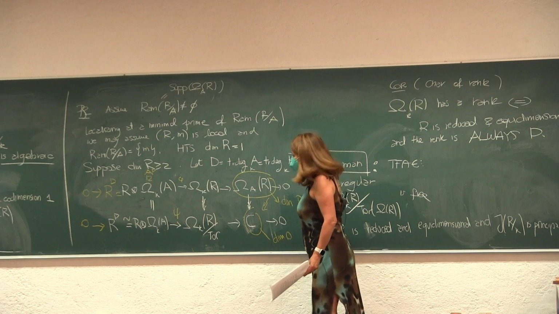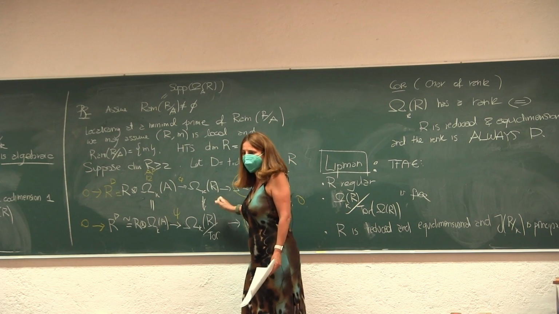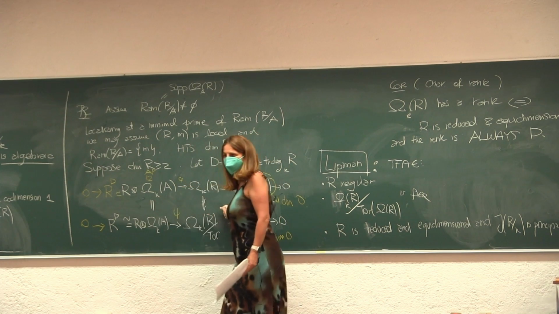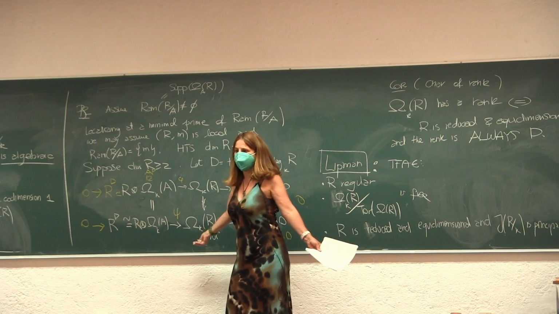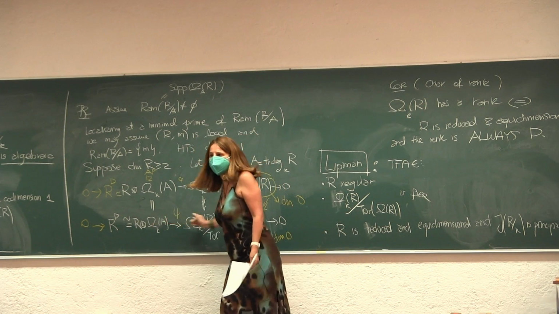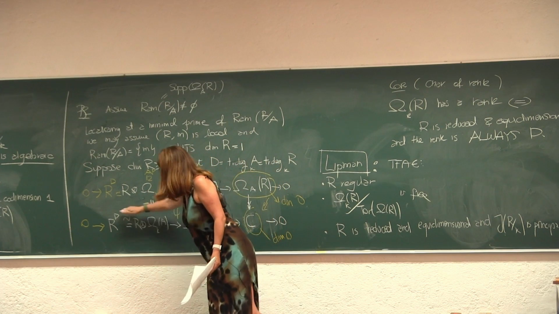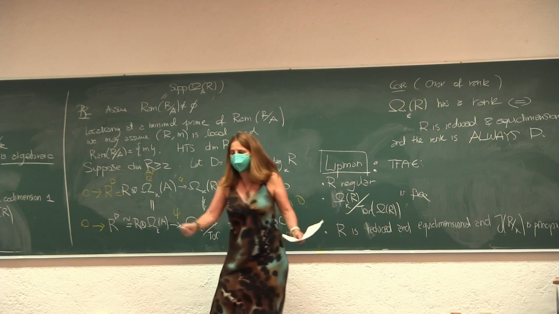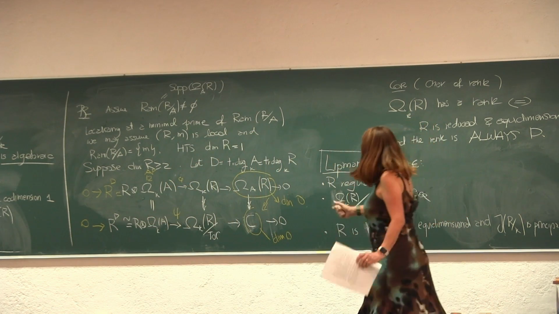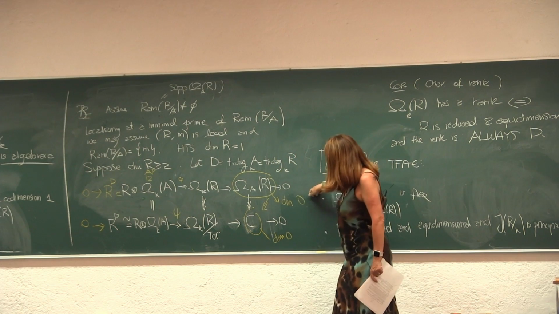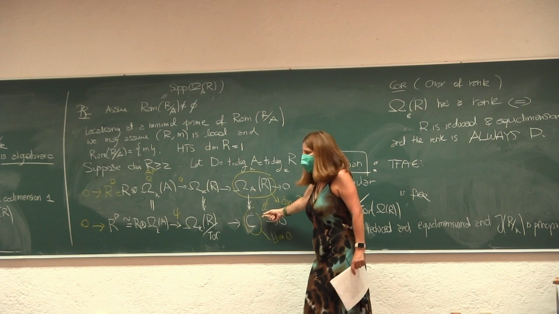Okay? So this tells me that these two have the same rank, because if this has rank T, these two have the same rank, so the kernel has to be torsion, because we are having two modules of the same rank. But the kernel is inside here, this is torsion free, so the kernel is 0. Okay? So first argue using the fact that the dimension of this is 0, the dimension of this has to be 0 or less than or equal to 0.